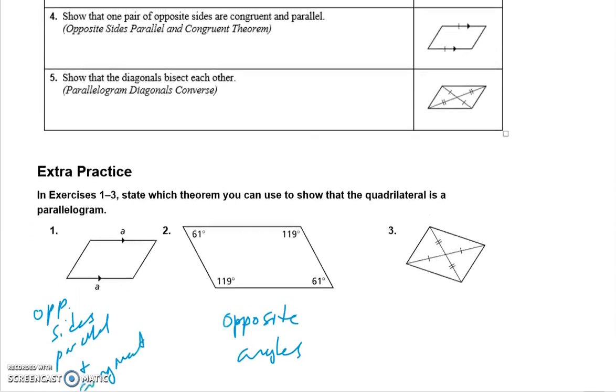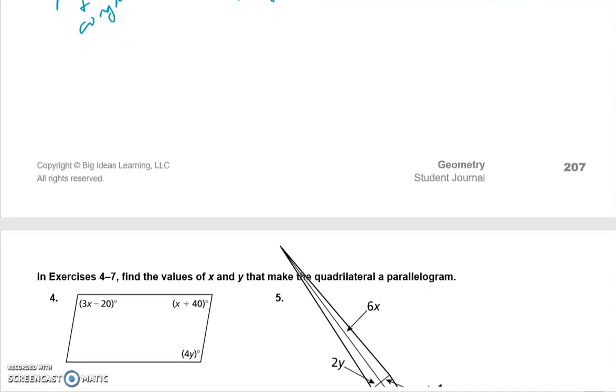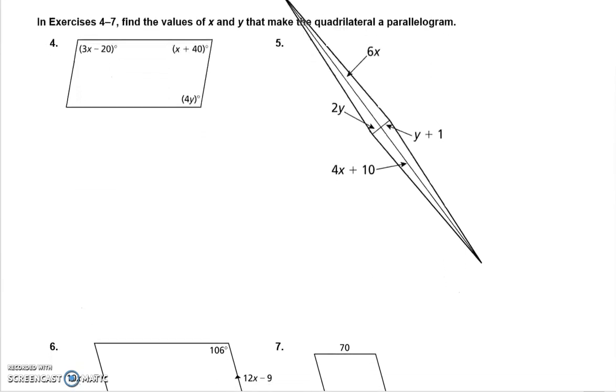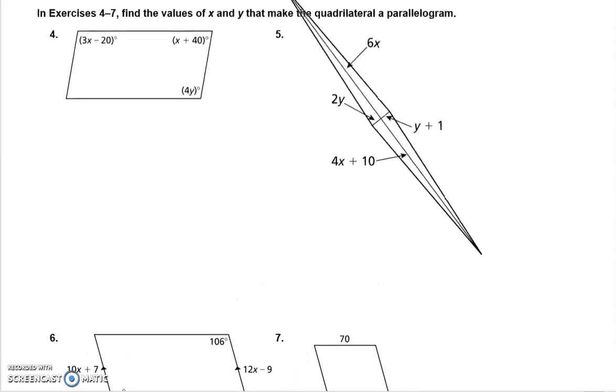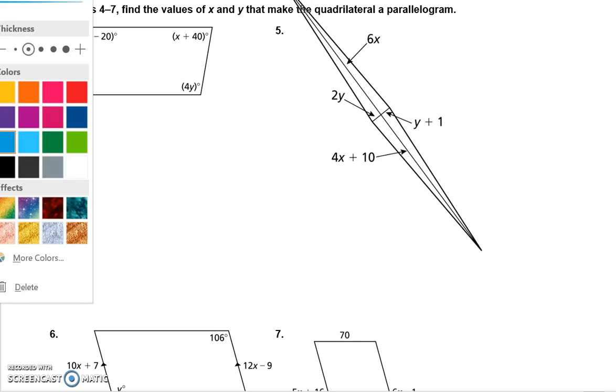And here you have the diagonals, so that's diagonals converse. Okay, so this is pretty much more of the same that we were doing before. We'll go ahead and work these just so you have some more examples.